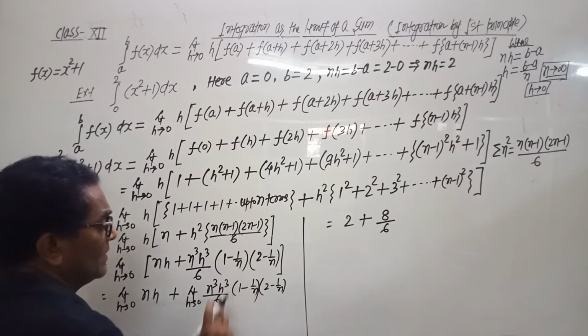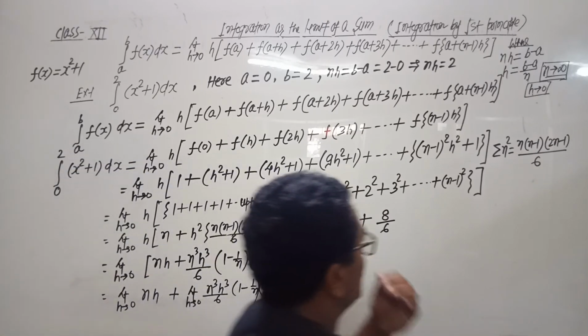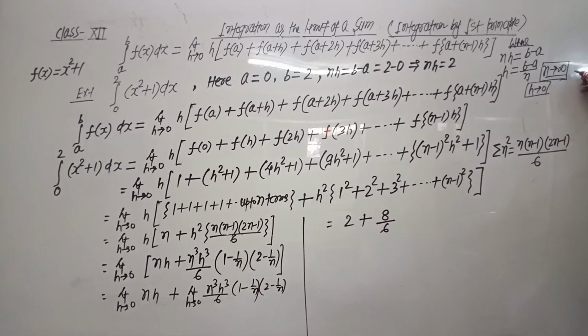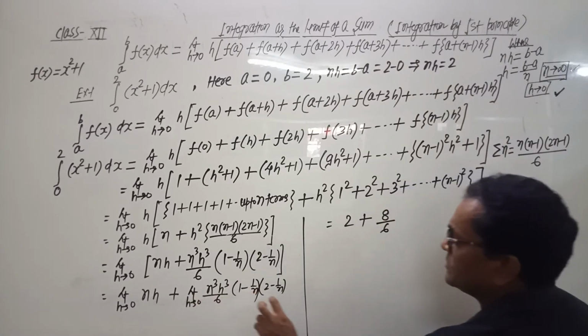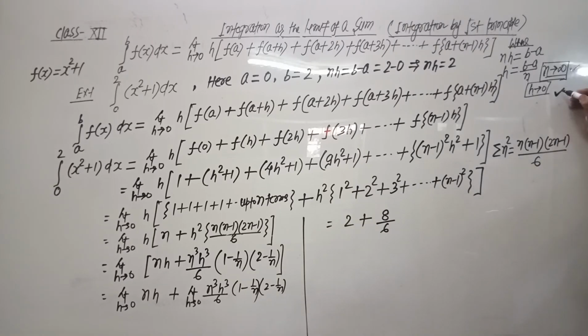And what about 1 by n? When h tends to 0, n must tend to infinity.